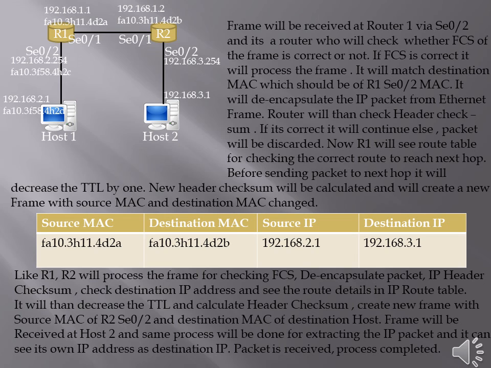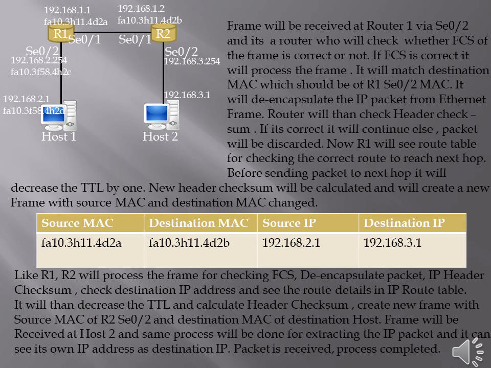Like R1, R2 will process the frame: checking the frame check sequence, de-encapsulating the packet, checking the IP header checksum, checking the destination IP address and seeing the route details in the IP route table. It will then decrease the TTL and calculate the header checksum.